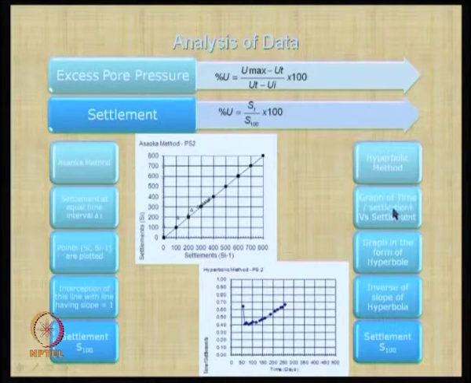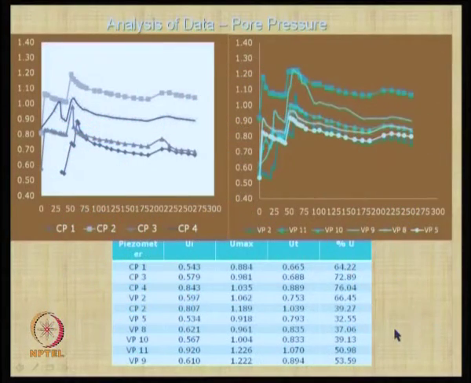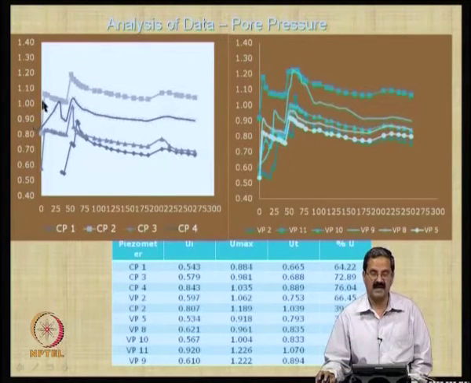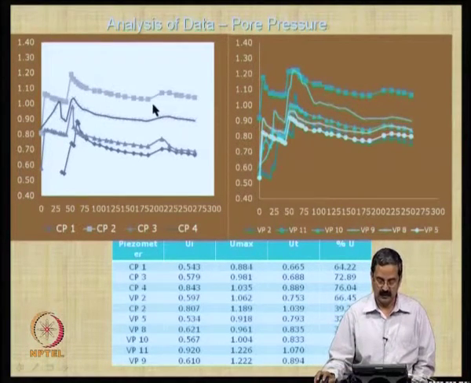The graph in the form of a hyperbola, then the inverse of the slope. So, this hyperbola is converted into suitable coordinates, and one can calculate ultimate settlement. Okay. The long term settlements one can calculate.